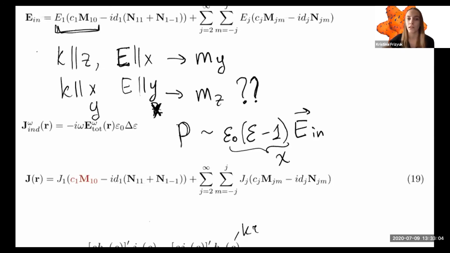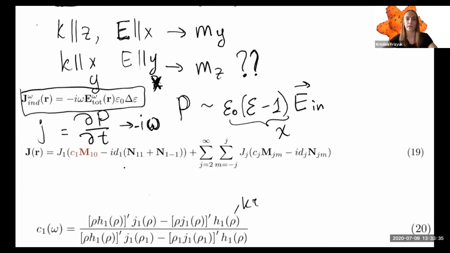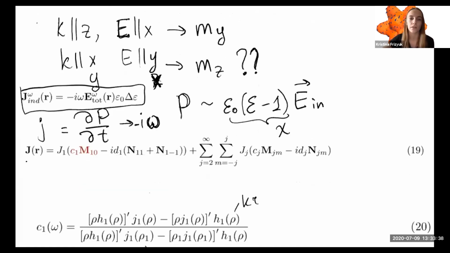And if we need to find a current, we just need the time derivative of the polarization, and in frequency space it turns into this, i omega. So we have this formula, and the current looks the same as the field inside, and it is already decomposed by multipoles.